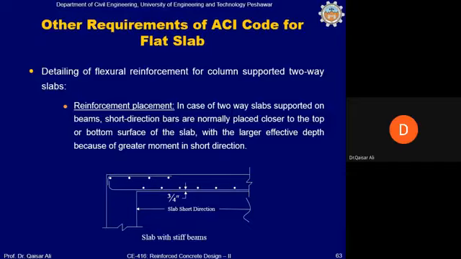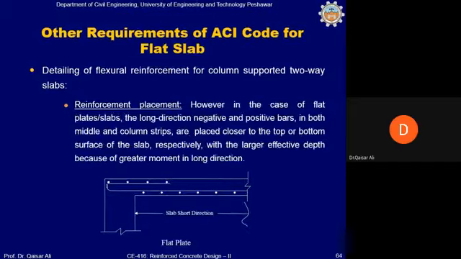However, in the case of two-way slabs without beams, this is exactly opposite. If you look at all the bending moments that we have calculated in this example, the bending moments along the long direction are more than the bending moments along the short direction, because the behavior is totally different. The behavior of two-way slabs without beams is totally different from the two-way slab with beams, because all the bending moments shall be resisted by the slab alone.